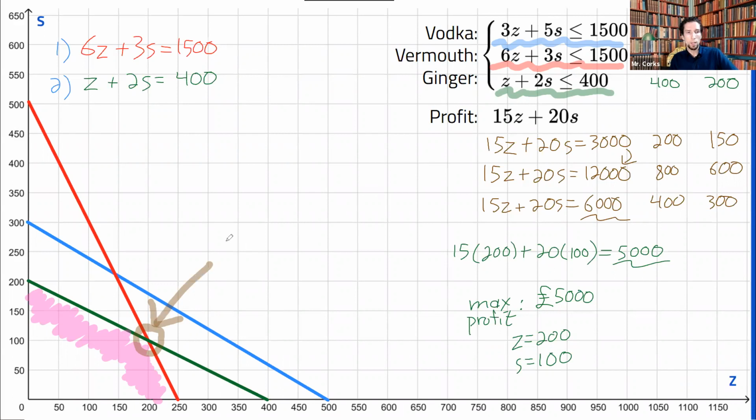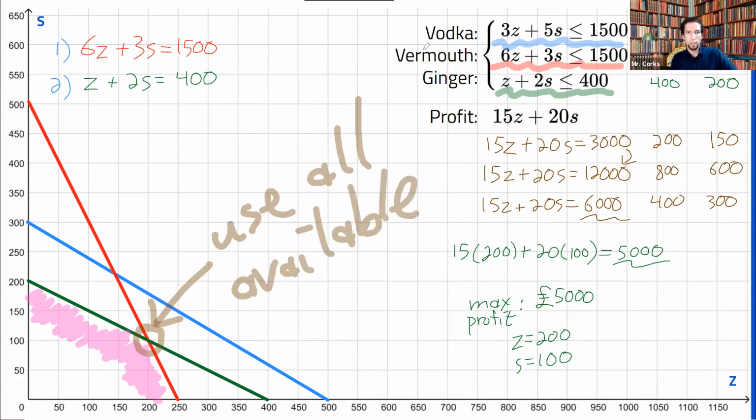So this point means use all available vermouth and ginger. They will have a surplus of vodka then.